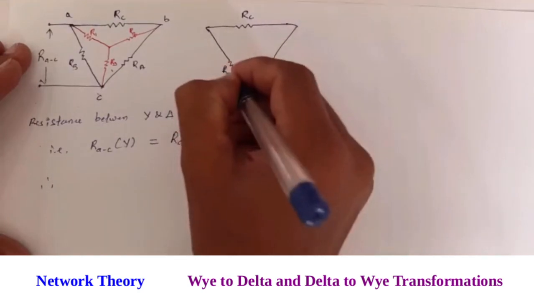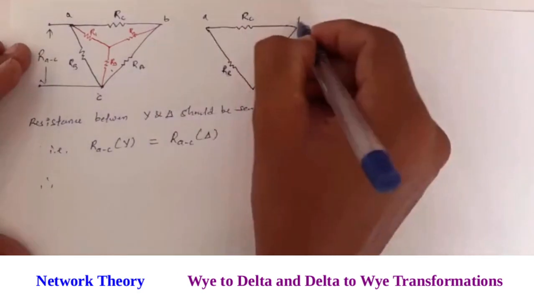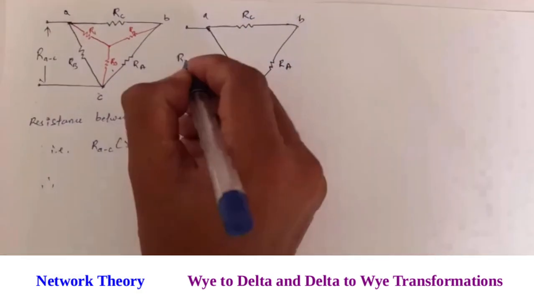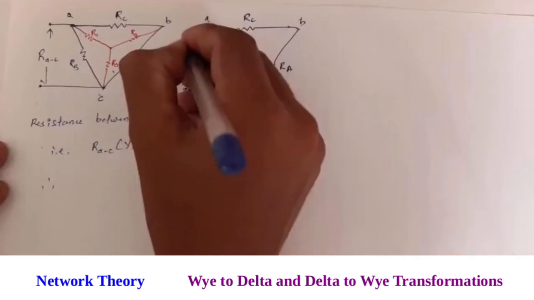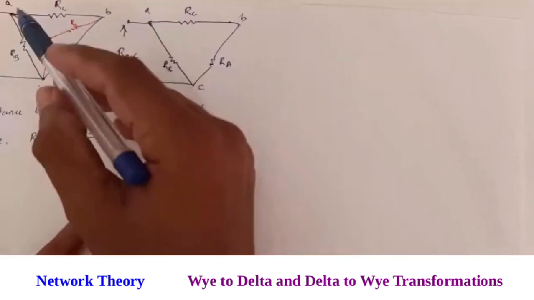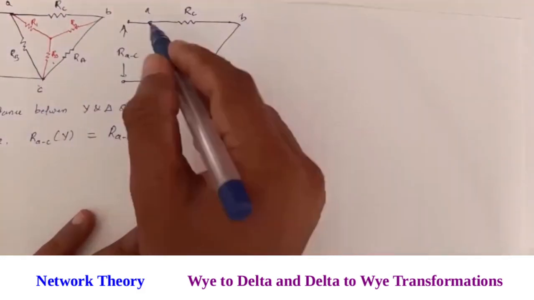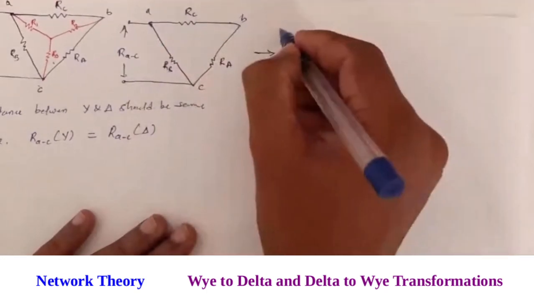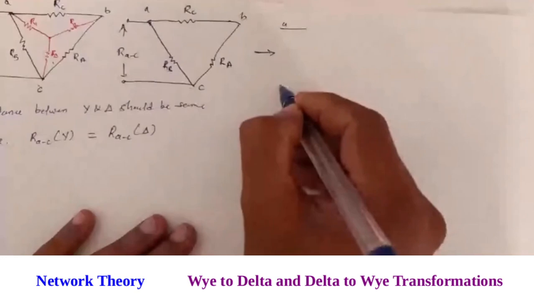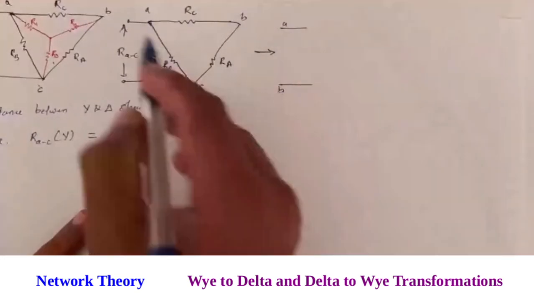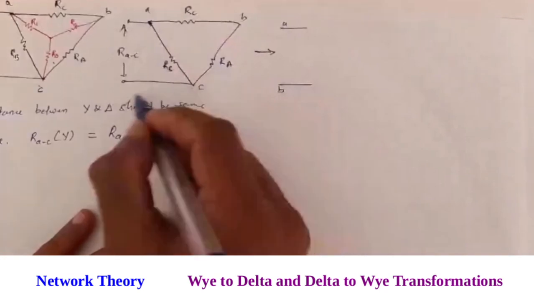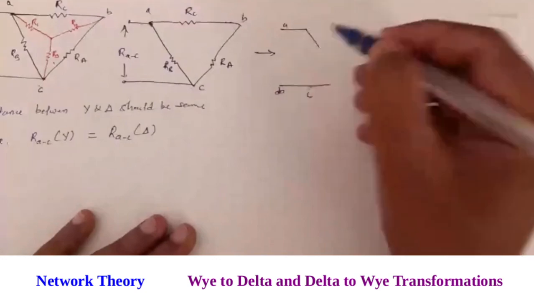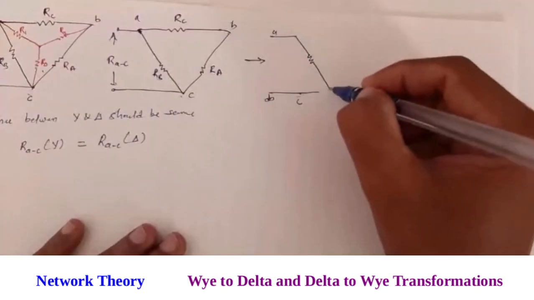A, B, C are three terminals, three nodes, and here I want to find RAC. For the delta network, I can redraw it a little bit. This node is A, and this node is not B, it is C. Between these two we have the resistance RB, so I'll draw that resistance RB as it is.